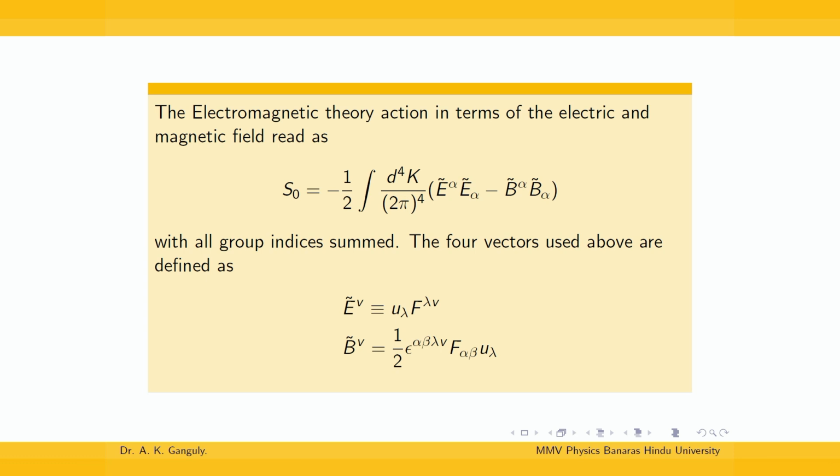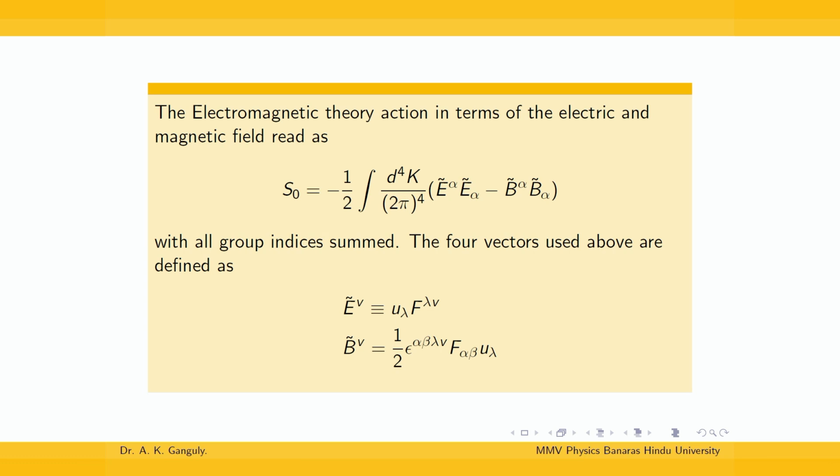There is one thing very explicit before us, the occurrence of the indices alpha on E as well as B, and a little tilde that is defined on the top of these two vectors, electric and magnetic field vectors. So, if we take this index alpha, what are the values that alpha should in principle take?